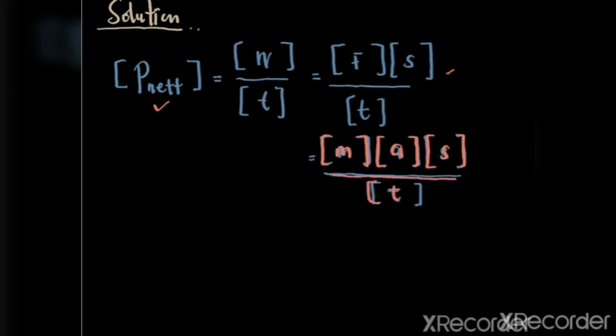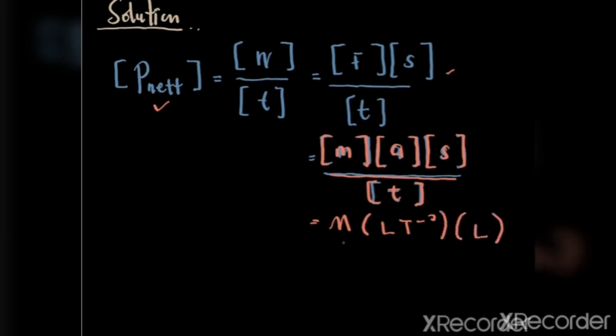So when we write the symbols, the dimension for mass is M, the dimension for a is LT^-2, the dimension for displacement is L, and the dimension for time is capital T. So finally, the dimension for P_net is ML^2T^-3.